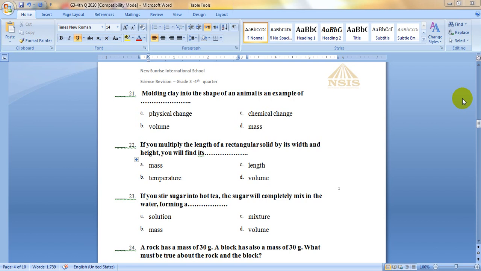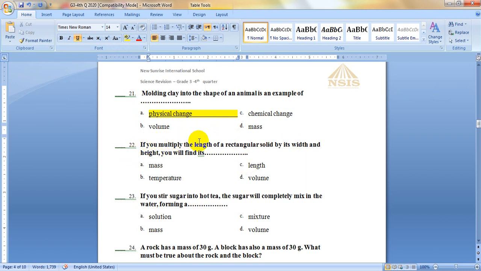Does the substance change? Will you form one new matter, or the clay will stay clay as it is, only its shape changes? No new matter is formed, so here it's a physical change. Letter A.